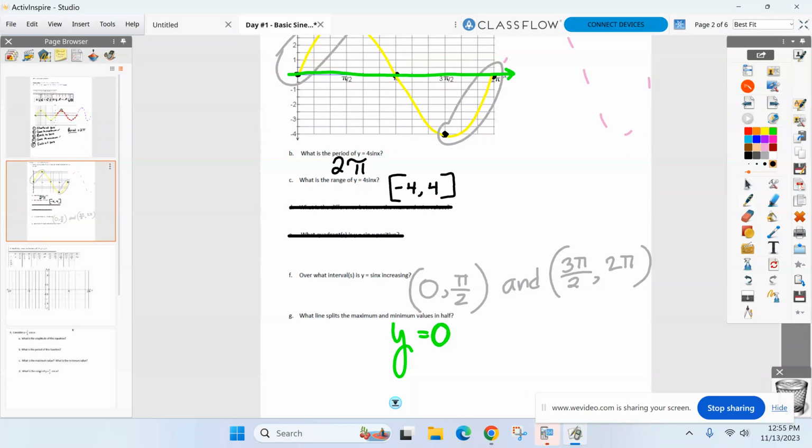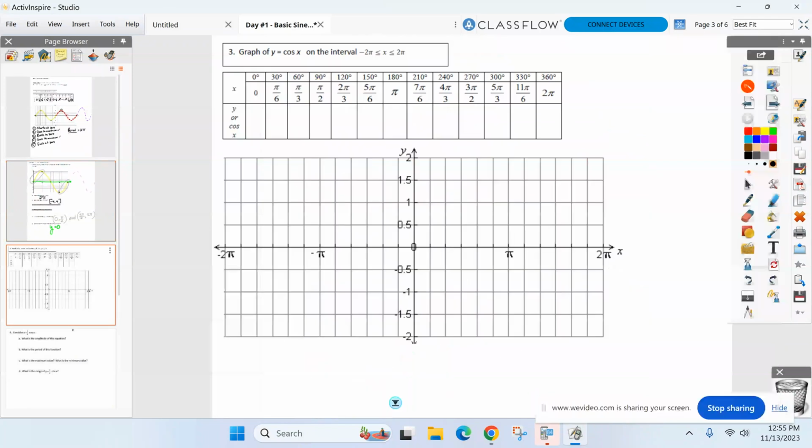All right, same thing I need you to do for me as we did at the beginning of the class. Now we're going to do cosine. It's going to look a little different. So now do cosine on your calculator and fill in that chart for me as much as you can. Right away, you notice something different. At 0, where does cosine go? 1. So it will not start at 0 like the sine curve. You've got to know the difference between the two. Go ahead, fill out the rest of the chart for me.